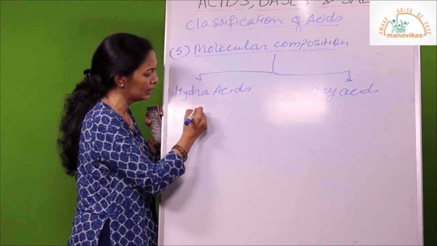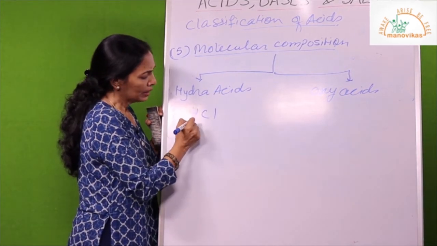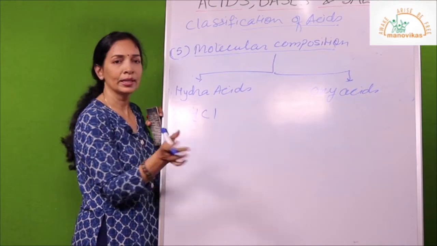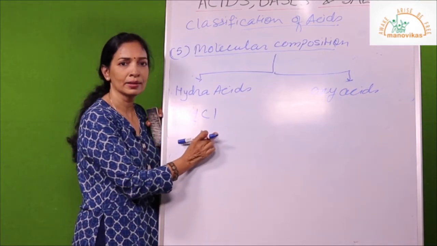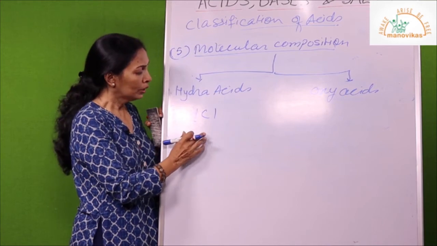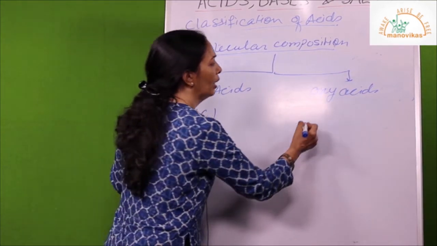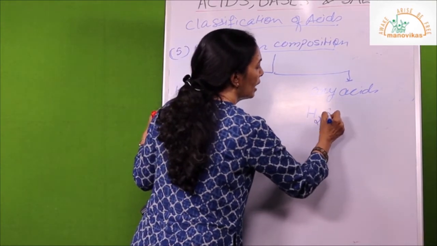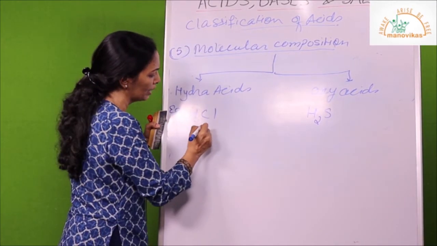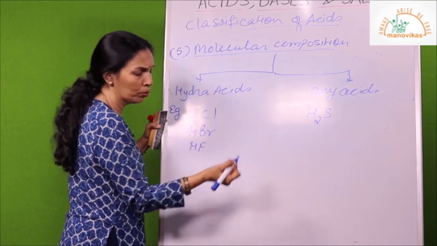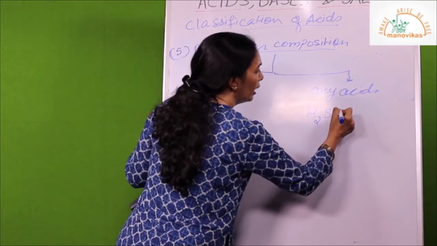For example, HCl. There is H because it is an acid, and Cl, there is no oxygen, so this is hydra acid. Okay, now there are some acids which have oxygen along with hydrogen. They are called as oxy acid. For example, some more you can give, like HBr, HF, hydrobromic acid, hydrofluoric acid.